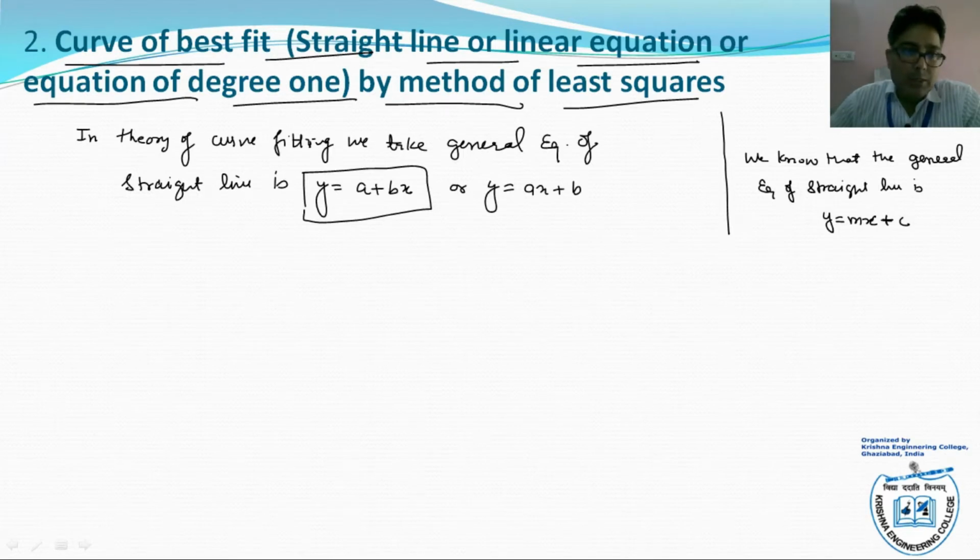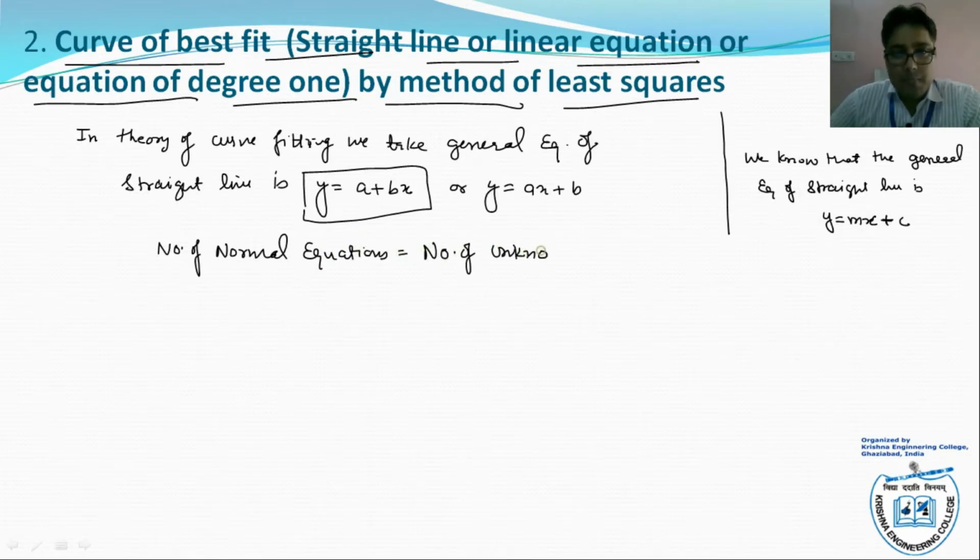In the method of least square, the number of normal equations is equal to the number of unknowns. Here there are two unknowns, a and b, so the number of unknowns is 2.